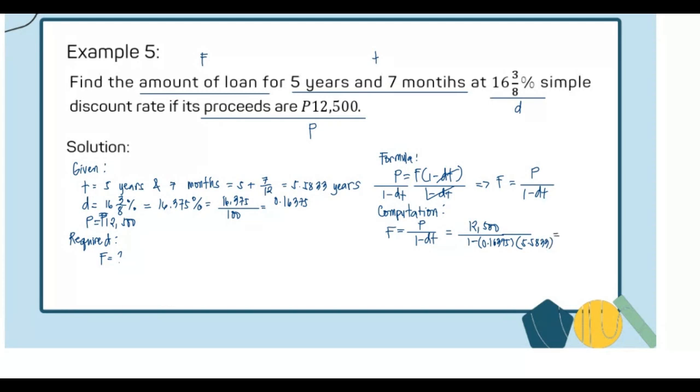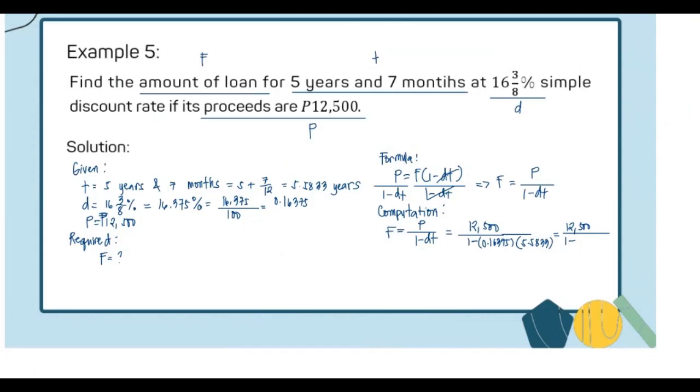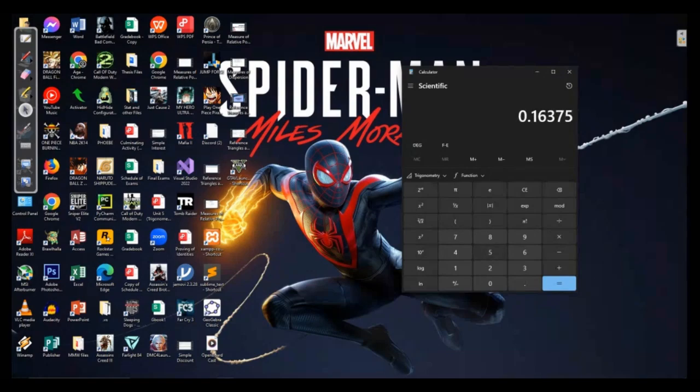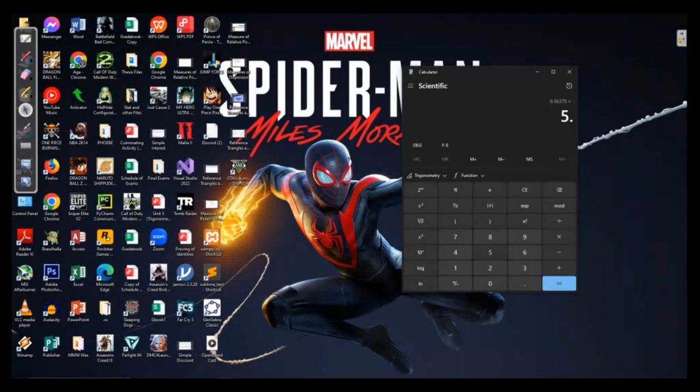So, we do the values first on the denominator, those in the parentheses. So, 12,500 divided by 1 minus 0.16375 times nung value nung term, which is 5.5833.